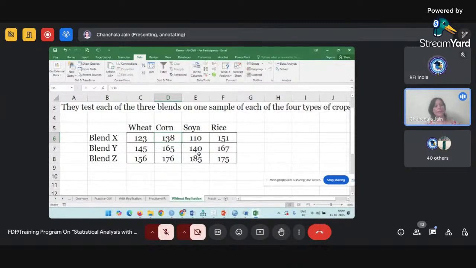So is this impacting the yield of crop or not? So we need to see whether the type of crop is impacting the yield or whether the type of blend is impacting the yield. So when we talk about the without replication case, in this case you need to only make the two hypotheses, right? So I'll write the first.